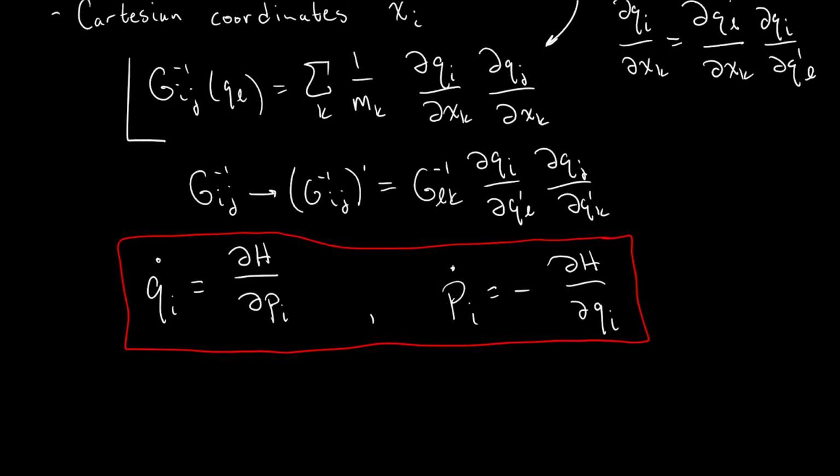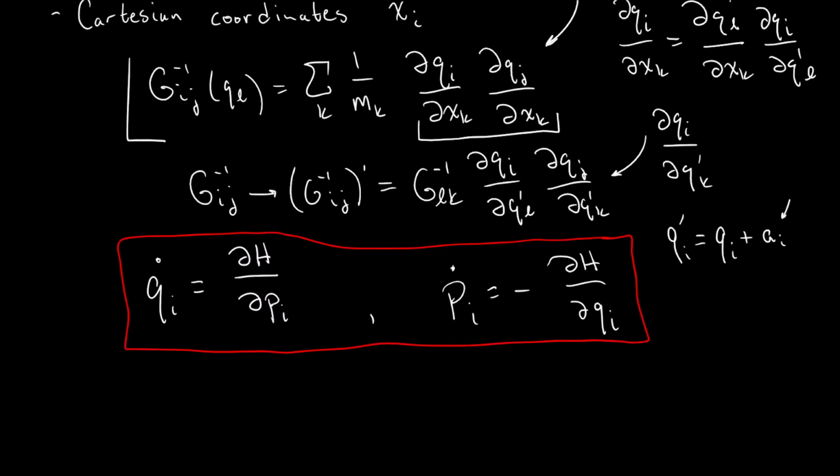And that's pretty simple to see because G is just given in terms of derivatives, and G's transformation rules are also just given in terms of derivatives. In particular, if I have something like this, where q_i prime is equal to q_i plus some constant shift a_i, then obviously this derivative is just going to be 1 because this constant's going to drop out.